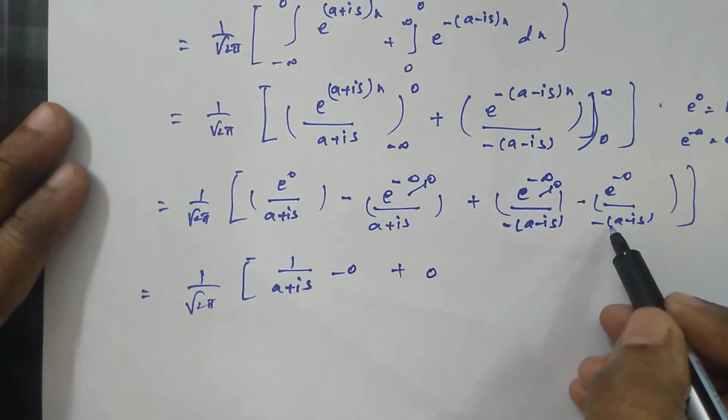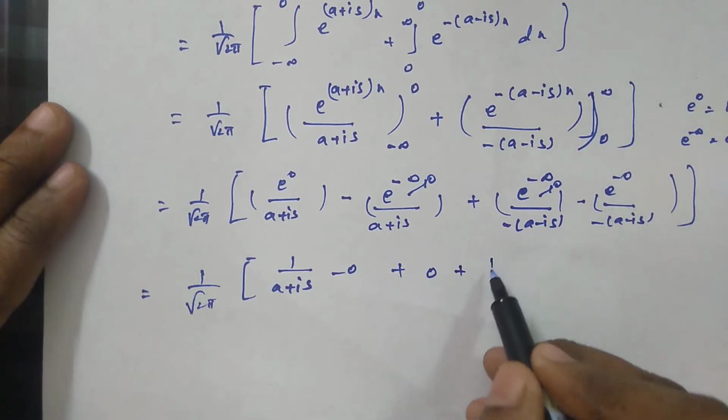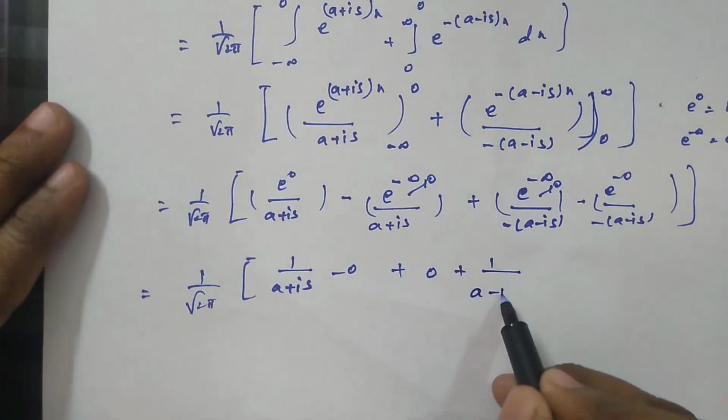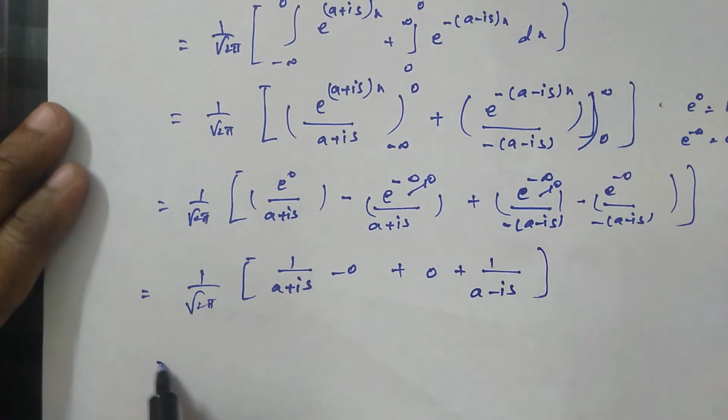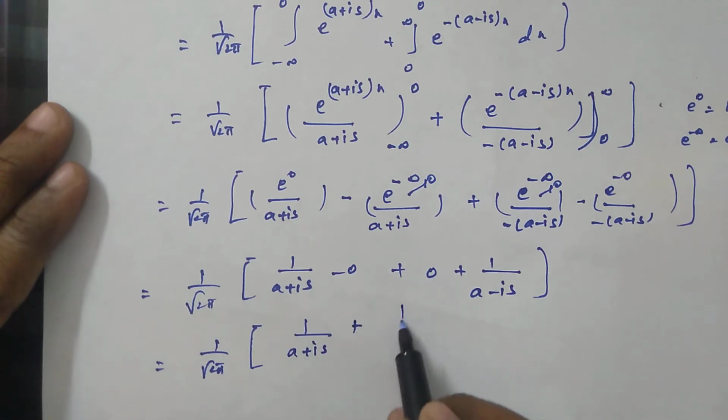Then here it is minus into minus, plus e power 0 is 1, so 1 by (a minus is). So, we have 1 by root 2 pi times [1 by (a plus is) plus 1 by (a minus is)].